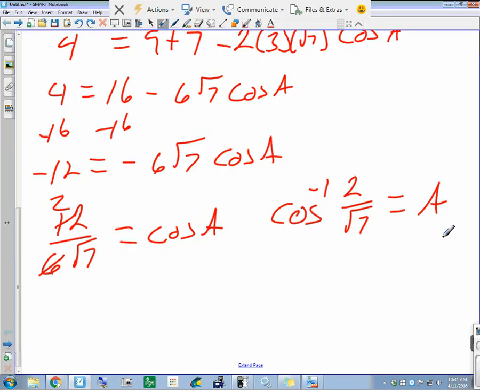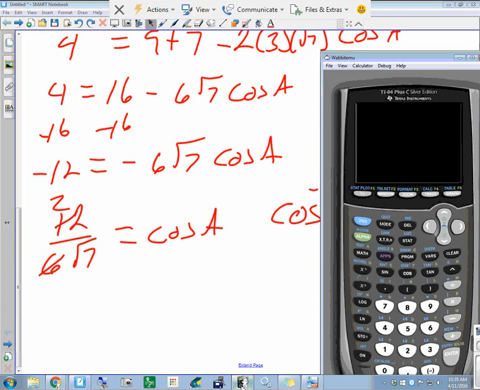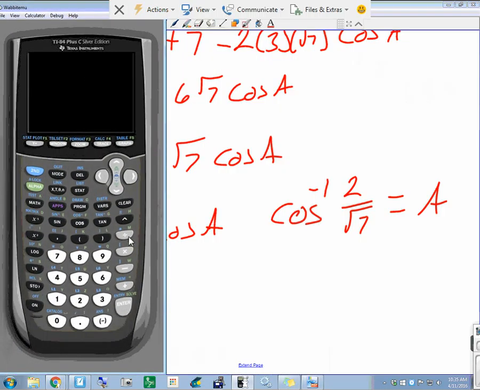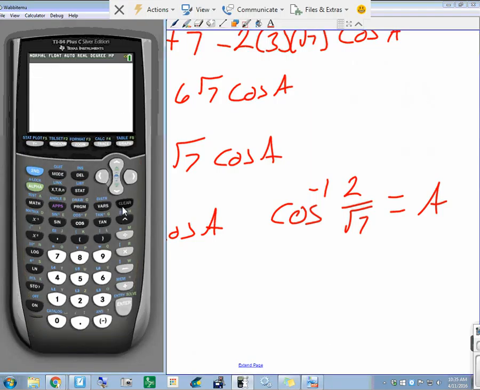Okay? So now when I go through and do this, on helps, clear it out. So second, inverse cosine of 2 divided by square root 7. That did not go in right, did it?